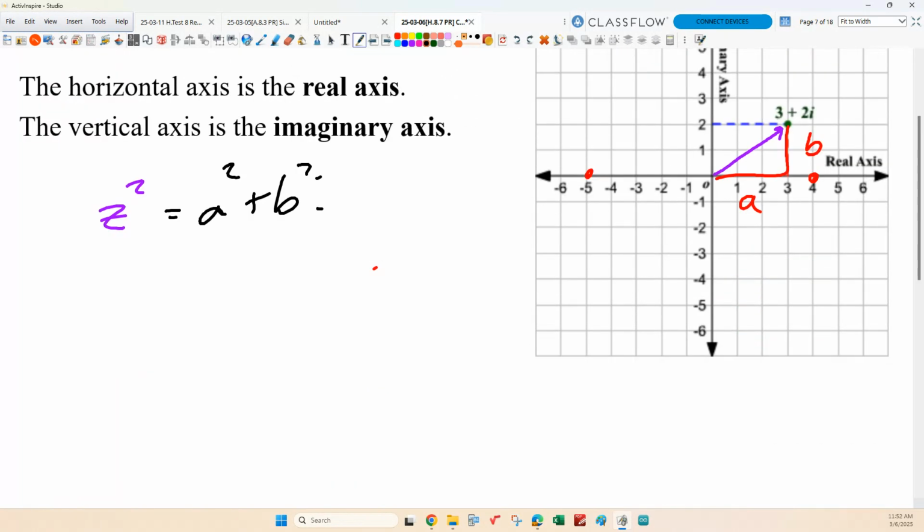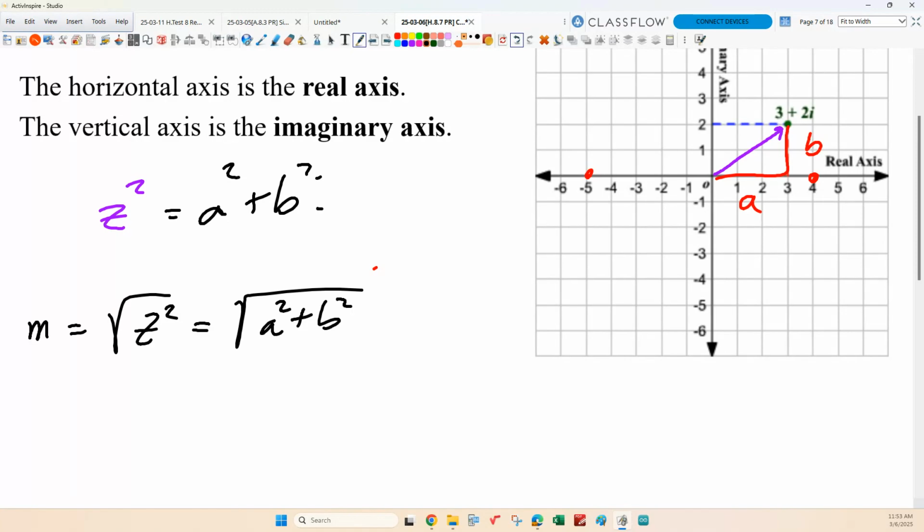So the modulus, the distance, we write as the square root of Z squared, which is the square root of a squared plus b squared. Just the length of that hypotenuse, right?